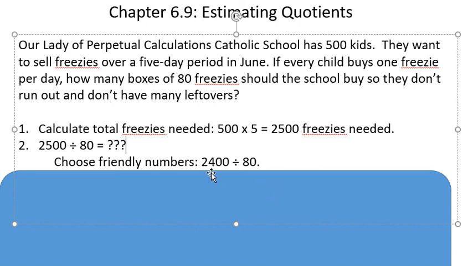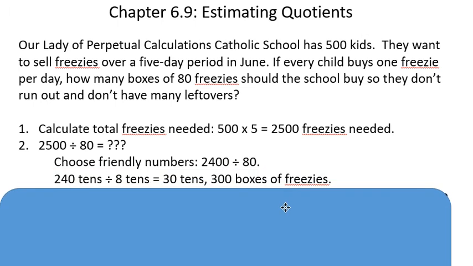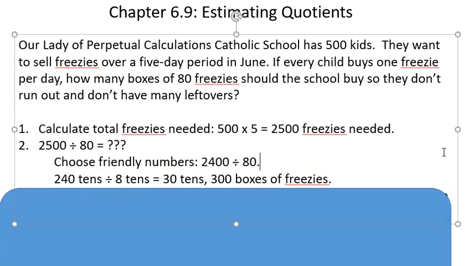So with mental math, we could do 2,400 divided by 80. This is like saying, as we learned in section 8, 240 tens, that's my 2,400, divided by 8 tens, and the 80 I'm renaming into 8 tens.